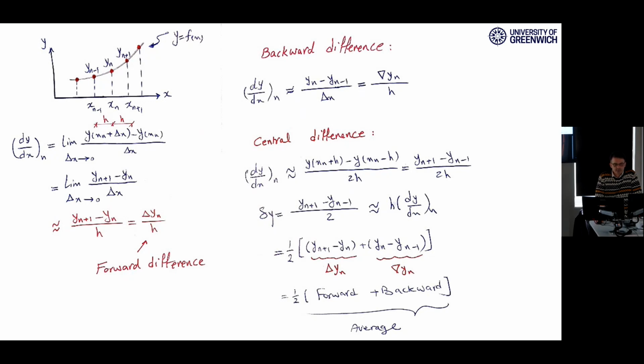And we can prove that, okay, this one, we can define this part as a delta, and these 3 lines are just to show that this is an average between the forward and backward. So if we just add these 2 together, we will come up with some averaging, which is this one, the central difference method.